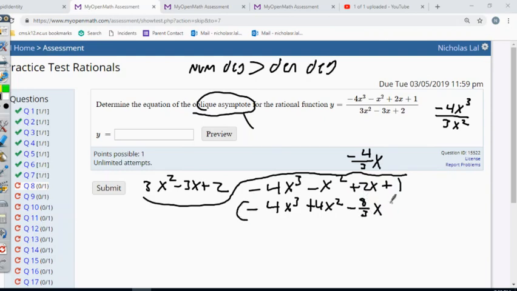Okay, so parentheses, subtract. You have negative 4x cubed minus 4x cubed. So that's going to be 0. Negative x squared minus 4x squared, so that's going to be negative 5x squared.